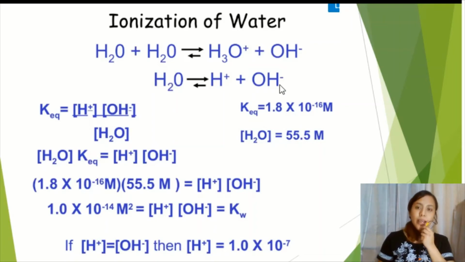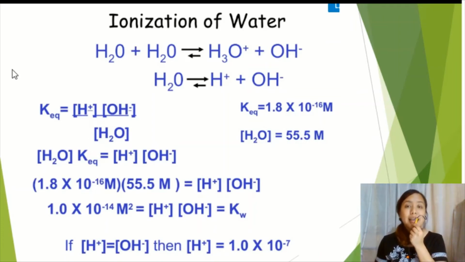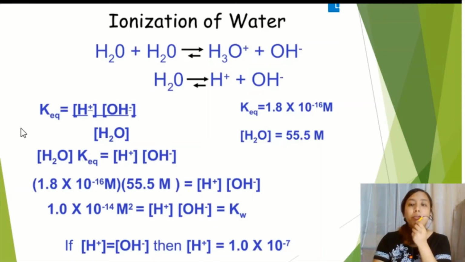So the thing that we are calculating in this whole PowerPoint is actually the water constant. This is the basis of our pH later. So we will get the equilibrium constant. Your equilibrium constant is usually based on Le Chatelier's principle.